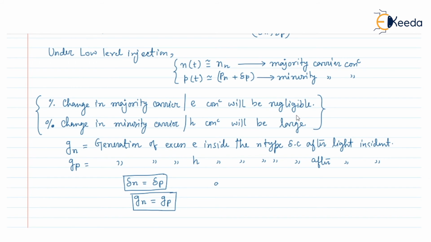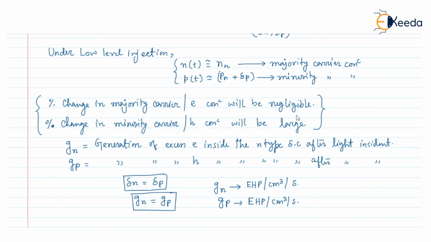The unit of this generation rate Gn is electron hole pairs, EHP, per centimeter cube per second, that is per unit volume per unit second. Similarly, Gp will also have the unit EHP per centimeter cube per second.